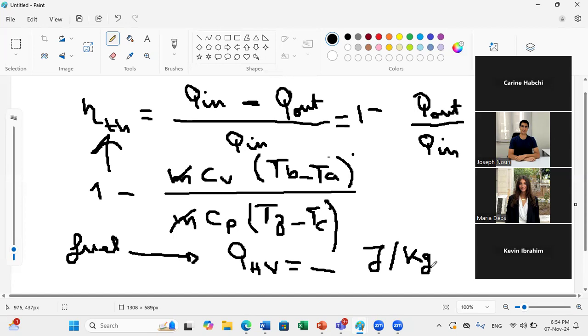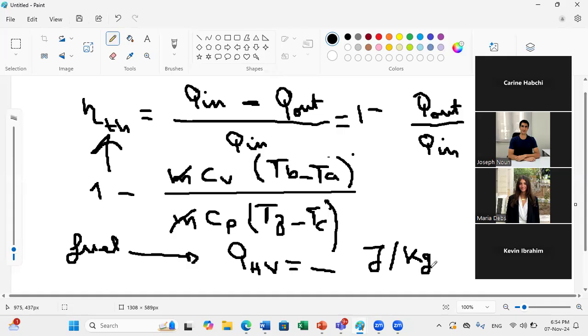So that heat will be lost and we are not able to recuperate it unless we do condensation of water to recuperate the heat of evaporation. So actually during combustion in general, we give the low heating value because this is the one that we will be able to use.